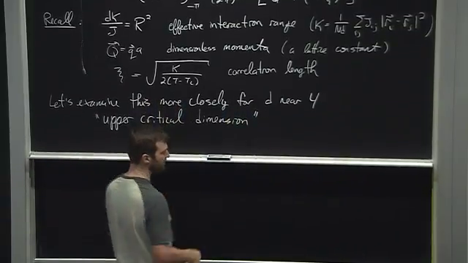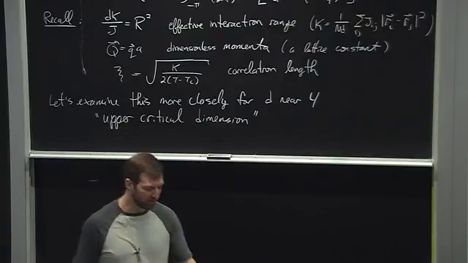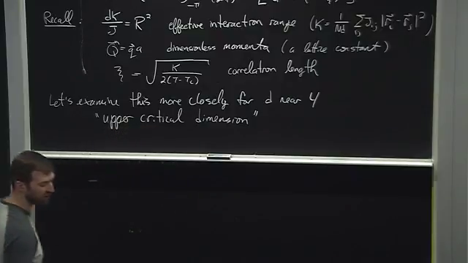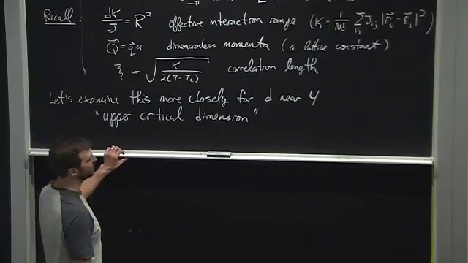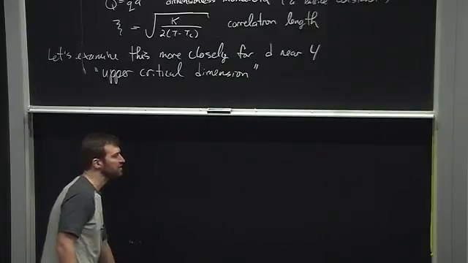So in most cases, d equals 4 is the upper critical dimension. It's not always true. There are other Landau theories that have different upper critical dimensions, like maybe the tricritical Ising is one.